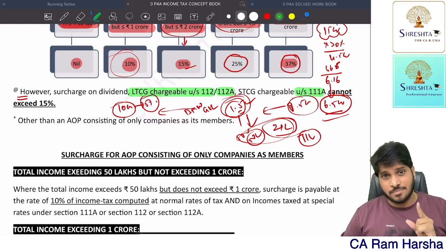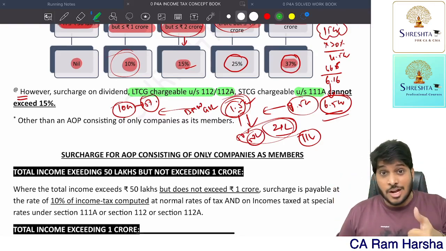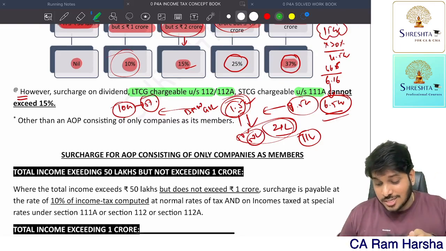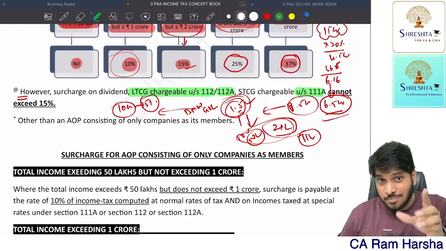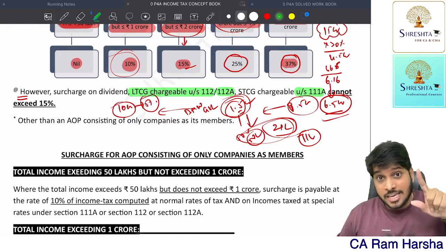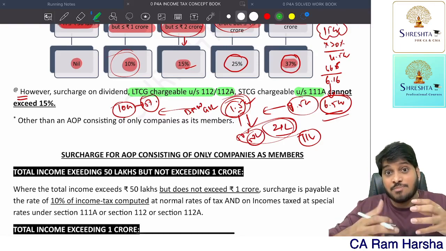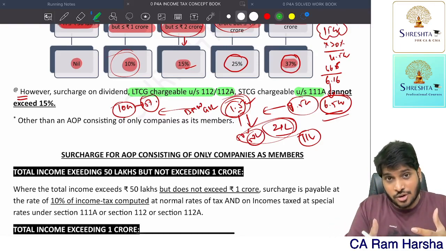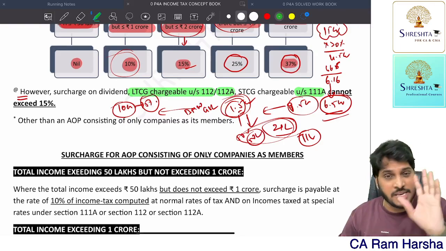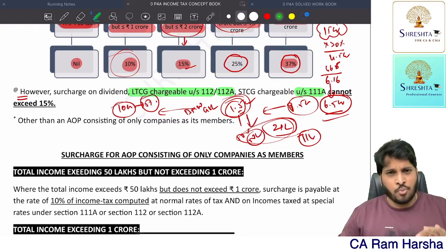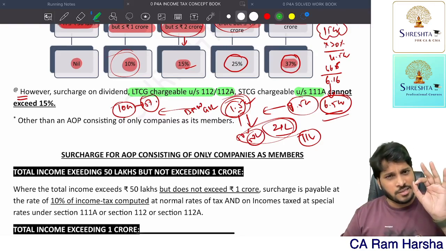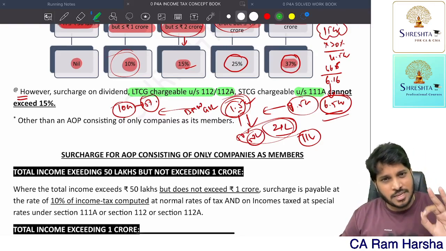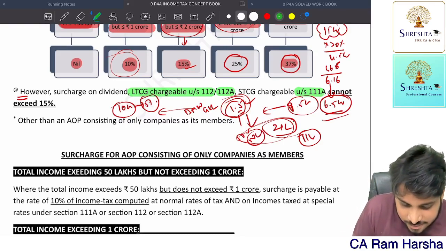Lottery winnings and gambling are not covered here. Black money under 115BBE is also not covered. Only long-term capital gain 112, 112A, short-term capital gain 111A, and dividend income.